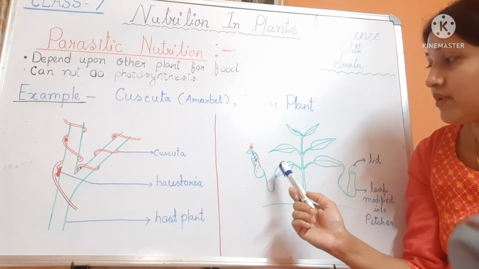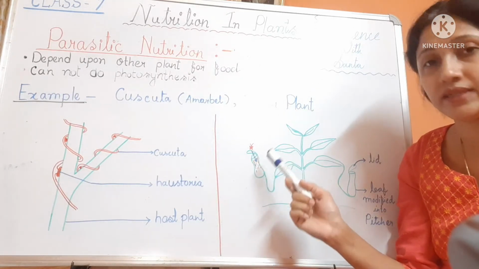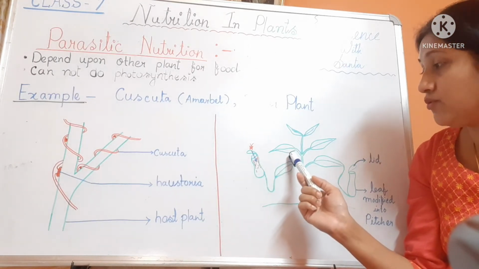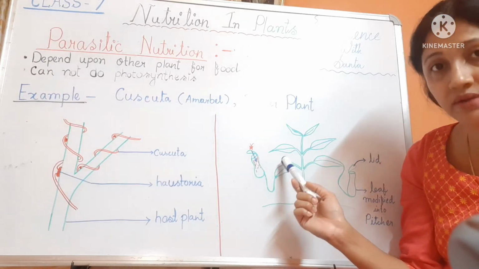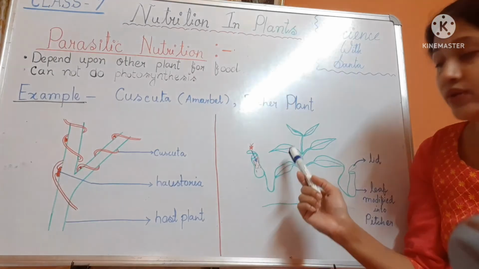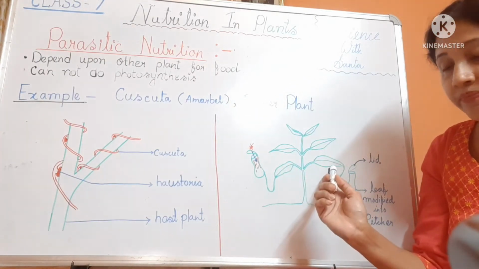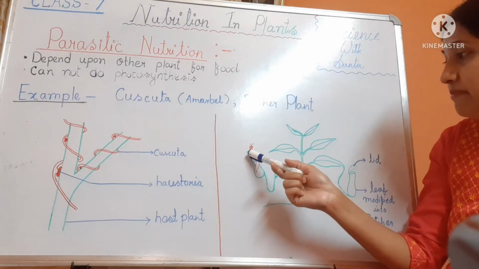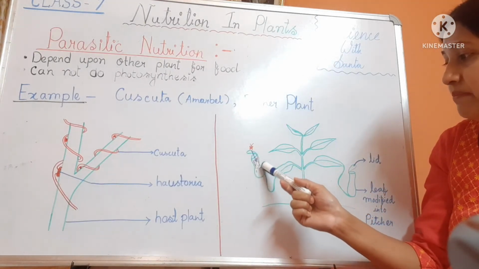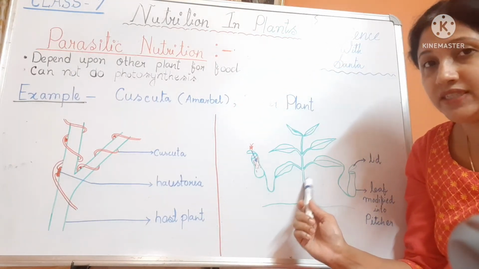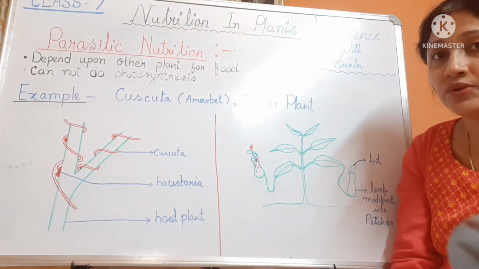Apart from that, it can do photosynthesis and make glucose. So it is a partially parasitic plant. This is the lid part, this is the body of the pitcher, and this is the pitcher plant.